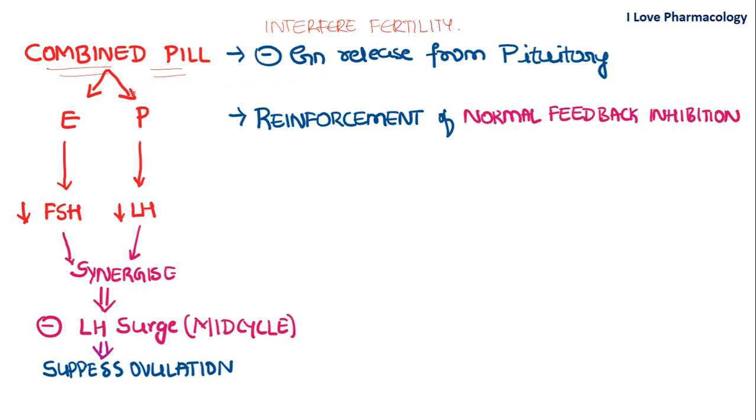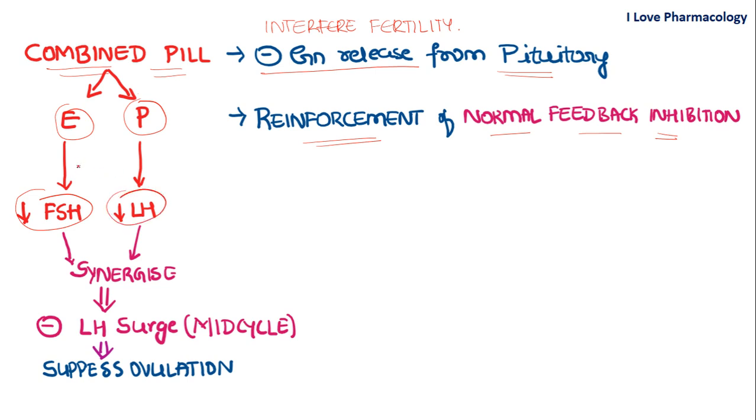This combined preparation, which contains estrogen and progesterone, is going to inhibit the gonadotropin release from the pituitary. How will it inhibit the gonadotropin release from the pituitary? By reinforcement of normal feedback inhibition. Thereby there will be a decrease in production of FSH as well as LH.